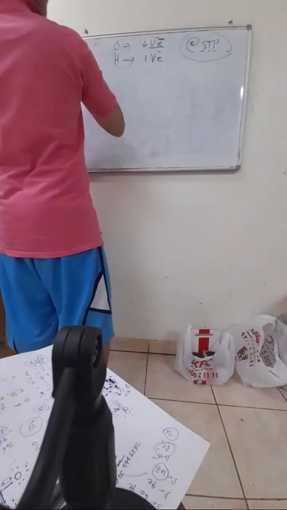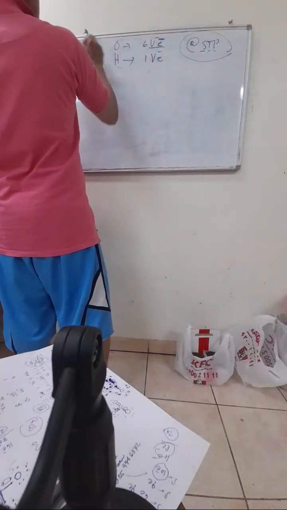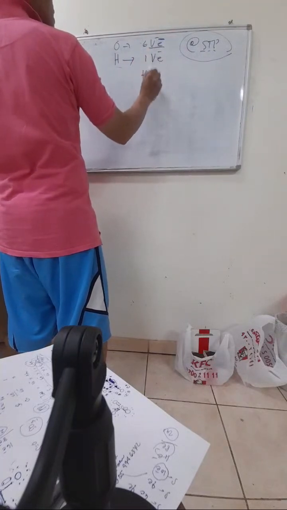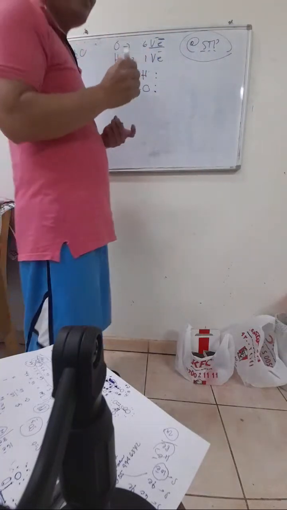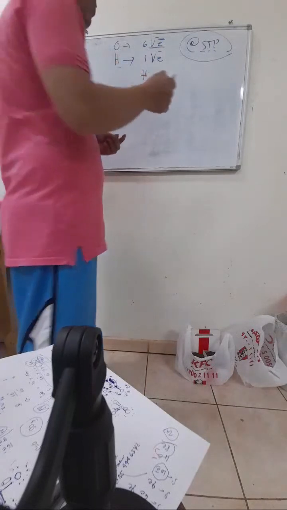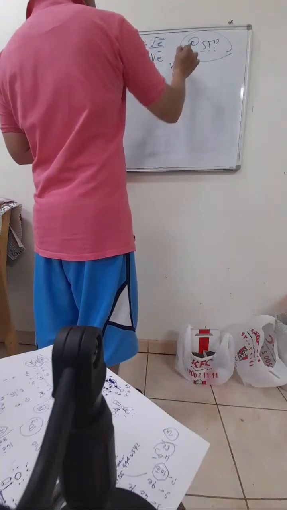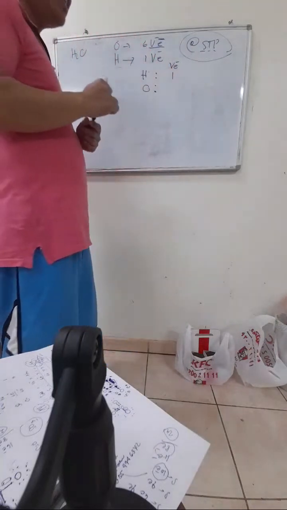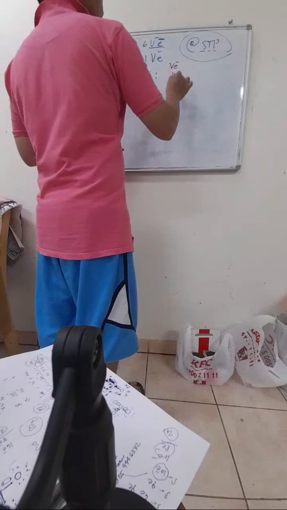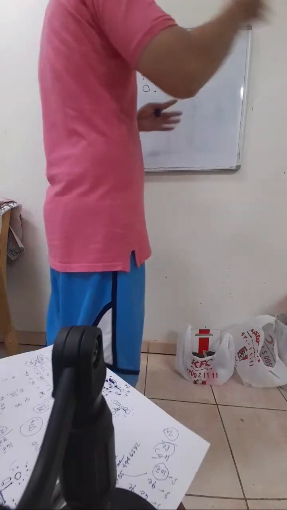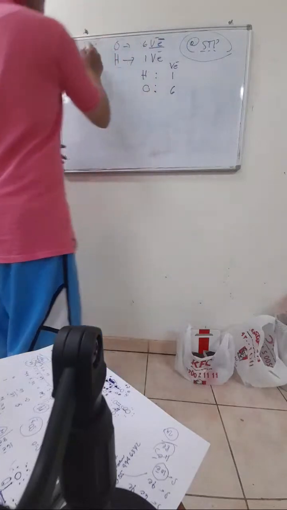So I have water, then you need to break hydrogen and oxygen. What is the valence electrons of hydrogen? 1. What is the valence electrons of oxygen? 6. Right? Because it's in group 6. 1 because it's in group 1. Okay, things like that.